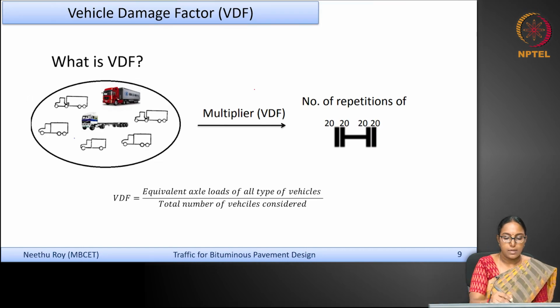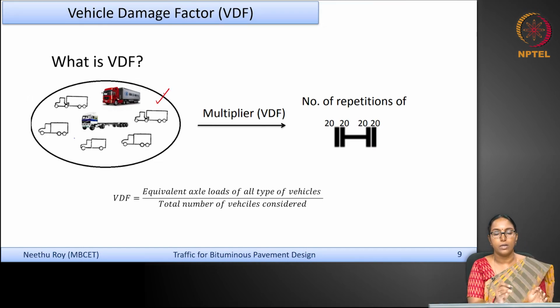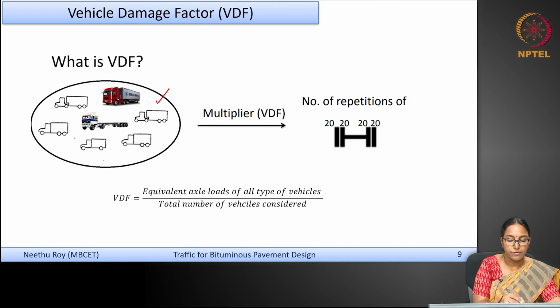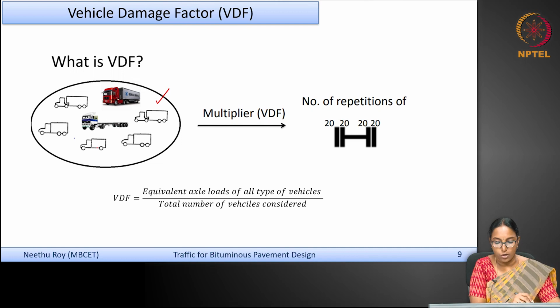Okay. See, this is the traffic load or the traffic in the stream. As I have already shown, you have different classes of trucks, with different loading as well as different axle configurations. You have to find that one multiplier which can convert it into the number of repetitions of the standard axle. Okay.